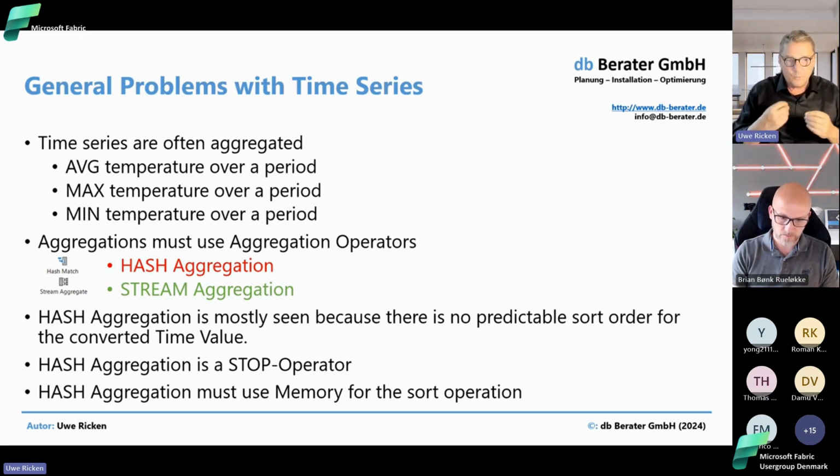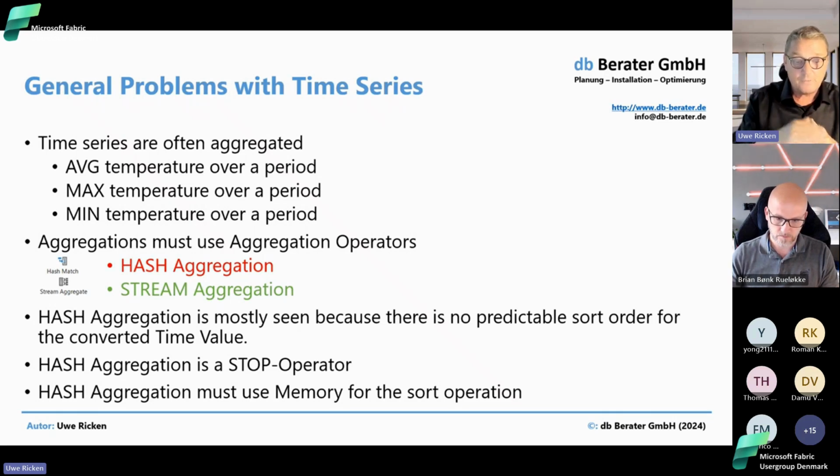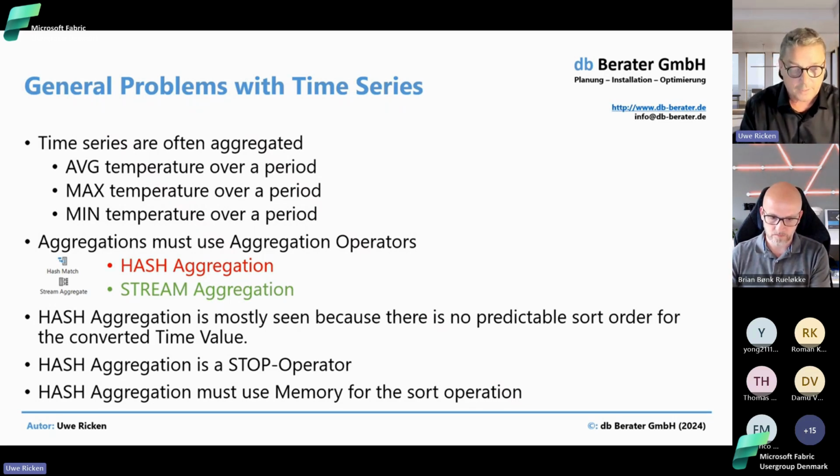When we are working with aggregations, SQL Server must use so-called aggregation operators for the execution of the query. For the SQL query optimizer, we have two of them. The first one is the hash aggregation, and the second one is the stream aggregation.